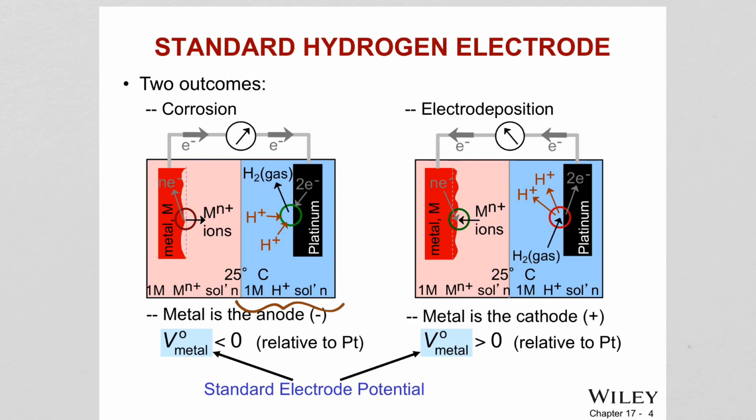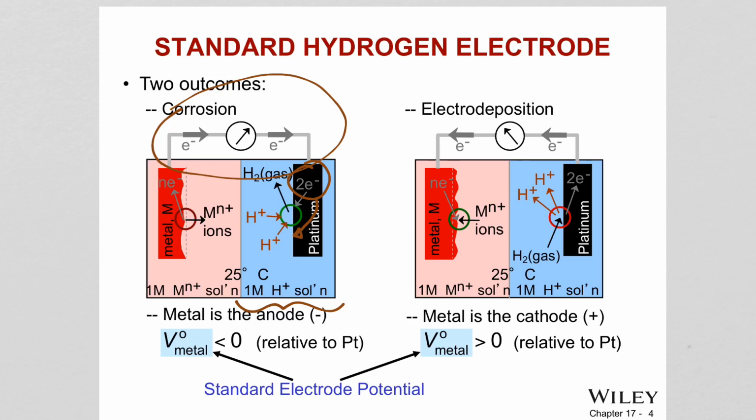To do that, you need to have an electrical contact between the metal and the standard electrode, which is having platinum, right? So you see the electrical contact. So what happens here is that platinum will get electrons from your metal, and those electrons then will come to the surface of the platinum, where they react with the hydrogen ions, releasing the hydrogen gas.